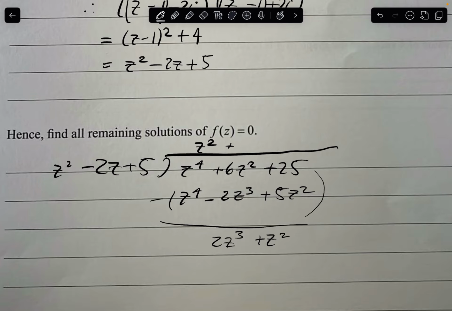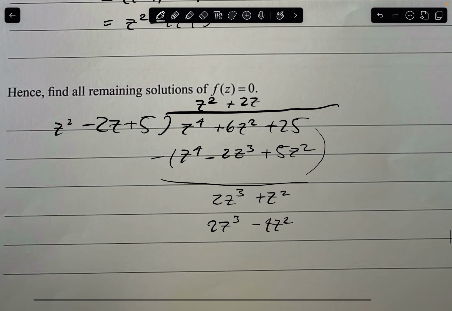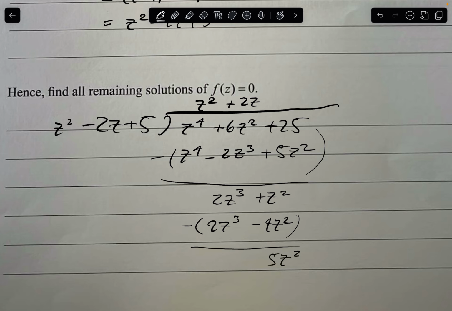And then you'll say plus 2z, and then you have 2z cubed minus 4z squared, and then plus whatever, so subtract, you'll have 5z squared. Must have done something wrong. And then plus 25.